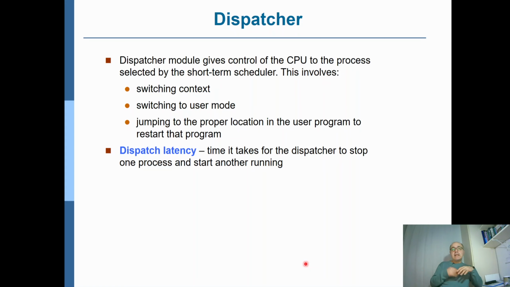So there is a function of the operating system called the dispatcher, which executes or implements the decisions made by the scheduler. So again, the scheduler makes the decision, and the dispatcher applies that decision, realizes that decision.